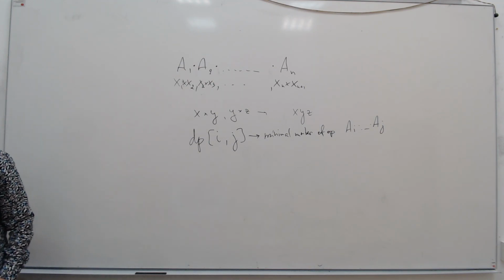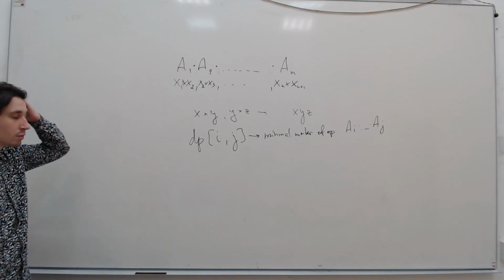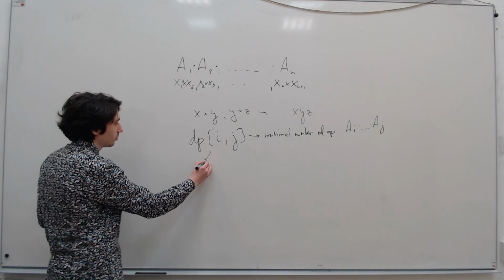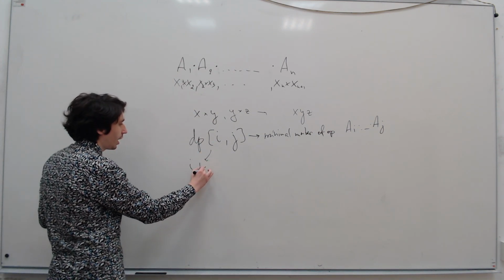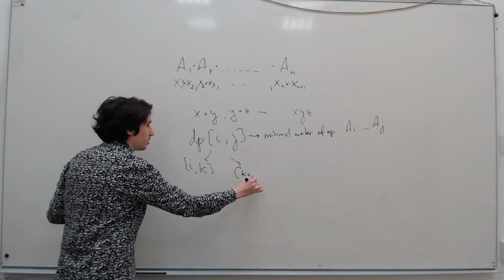We have to split this range from i to j into two ranges. Let's say i to n and from n to j or something like that. I will choose k if you don't mind. Okay, yes, it can be k.